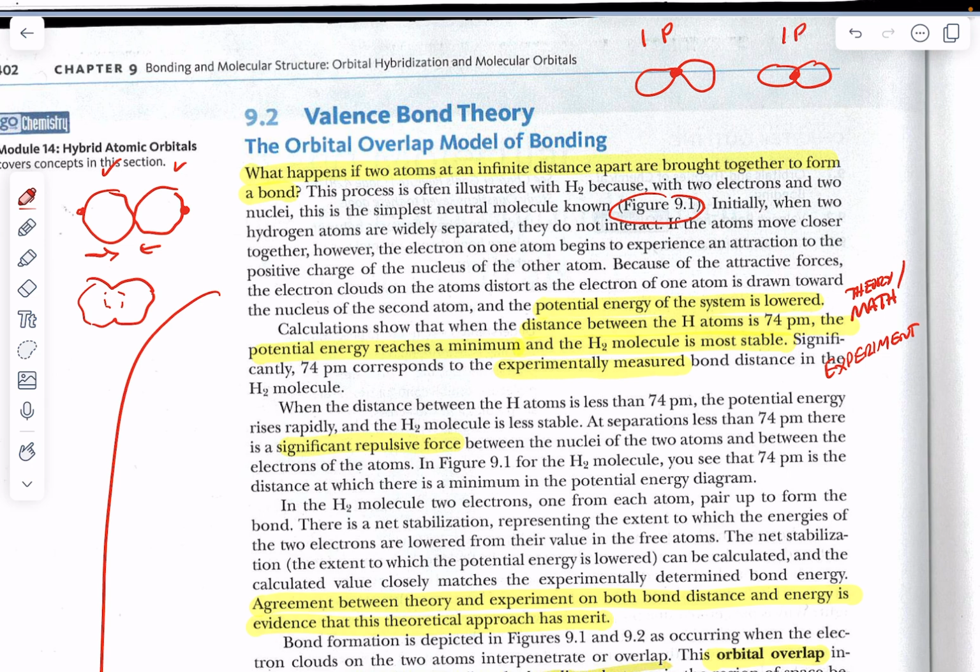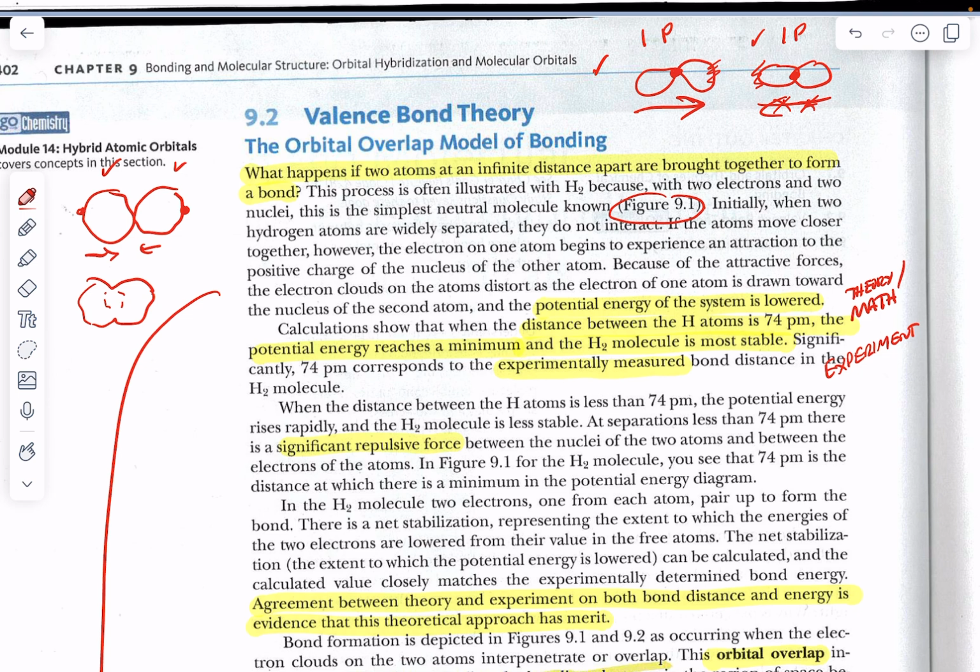Not two p subshells, but a single p subshell, barbell shaped. And then I bring this one together, and then I bring this one together so that this region here and this region here are pushing against each other. Now I've created an overlap between two p orbitals, one around one atom, one around the other atom, and this creates a bond made out of two p orbitals.